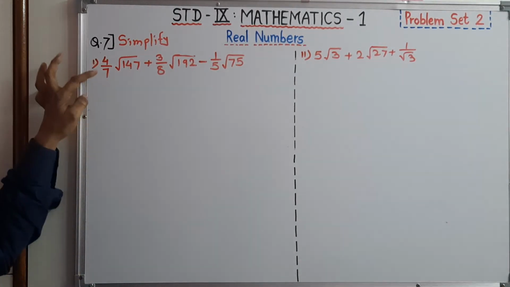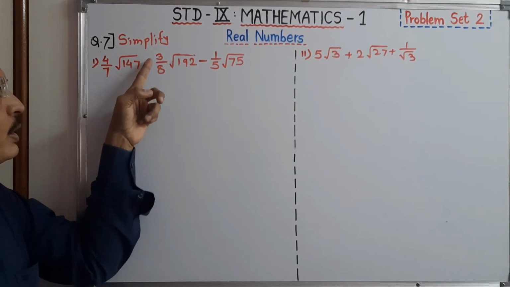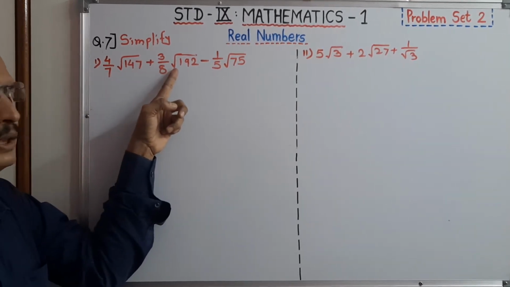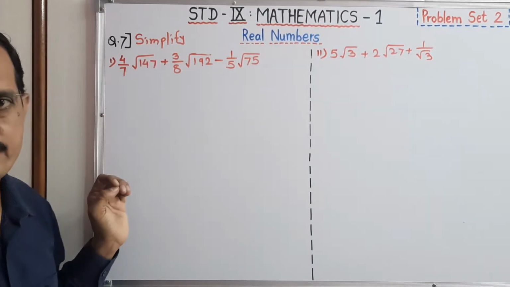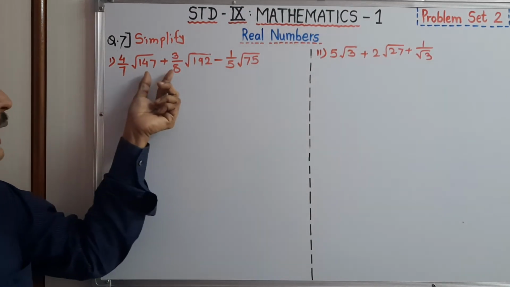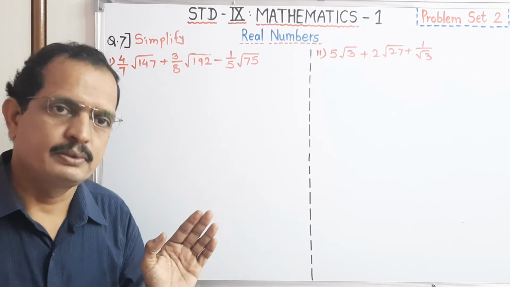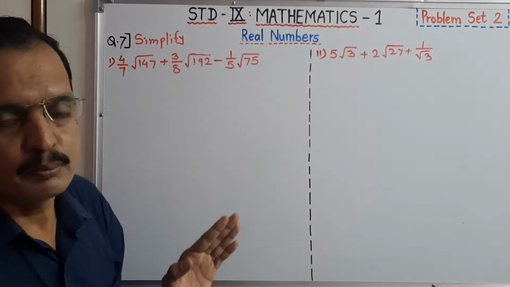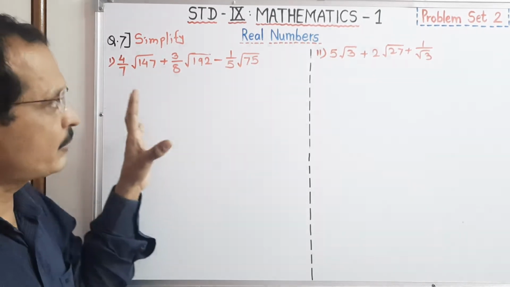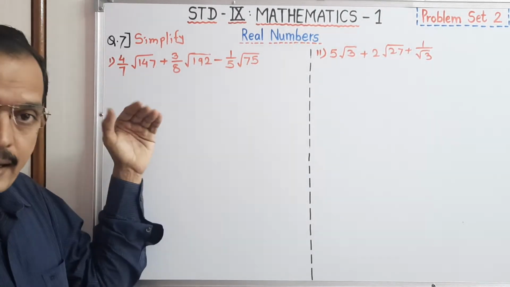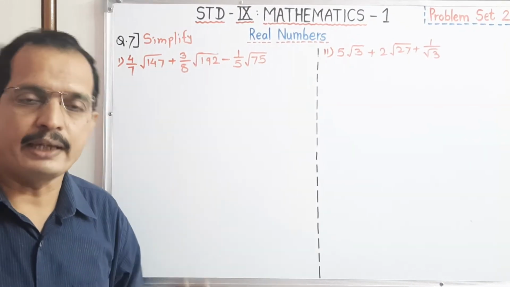Here 4 upon 7 root 147 plus 3 upon 8 root 192 minus 1 upon 5 root 75. Yes student, we have to do the addition and subtraction of these surds. For that purpose the surds must be like surds. If they are not like surds, then by writing in a simple form we can make them like surds.